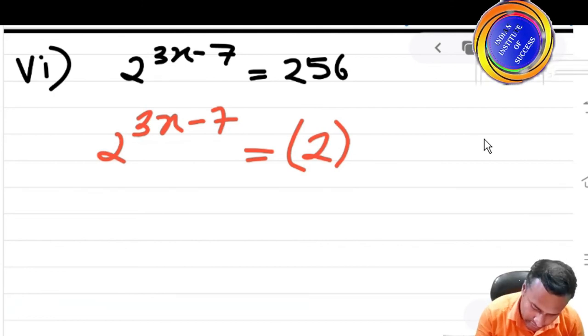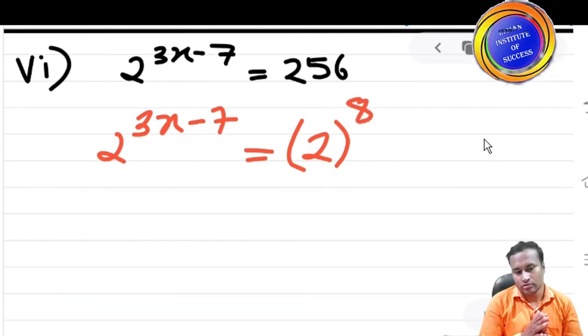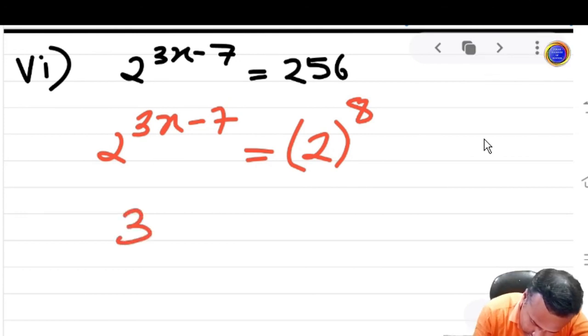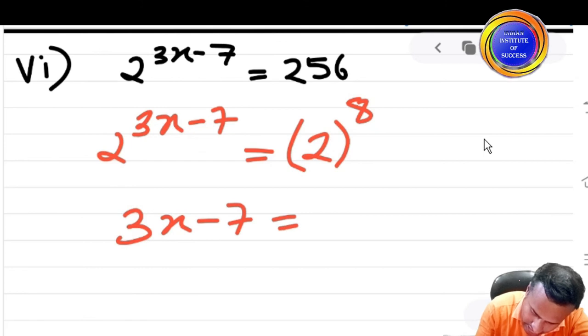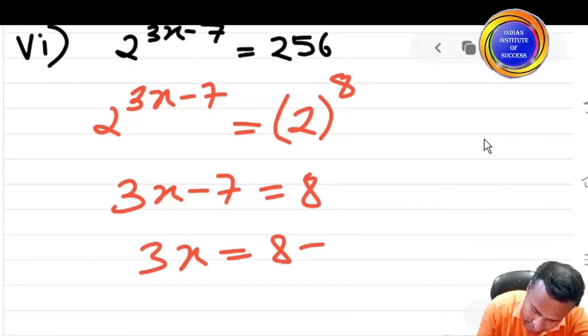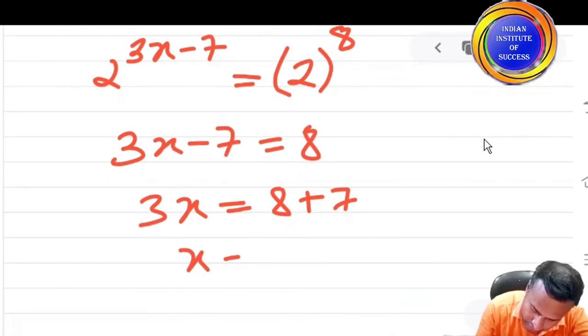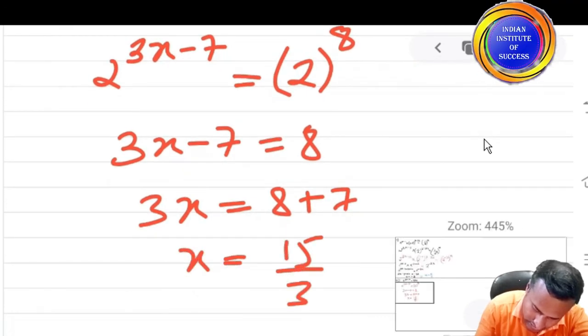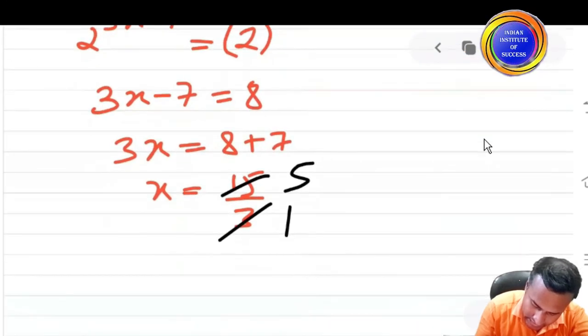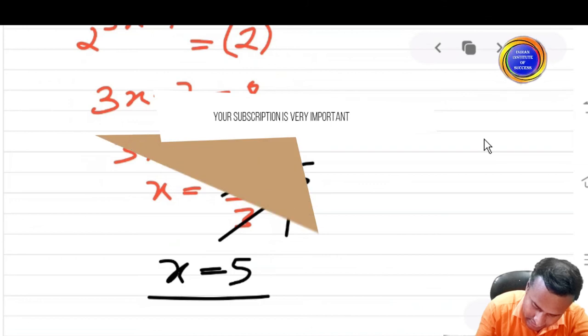Now 2 raised to power 8 means 3x minus 7 is equal to 8. You can see 3x equal to 8 plus 7, x equals 15 upon 3. Then you can divide it, 3 5s are 15. x equals 5, answer.